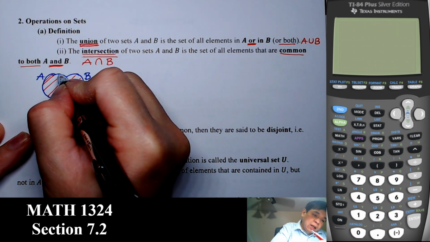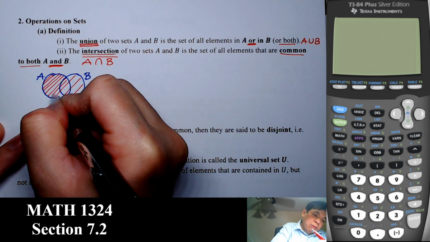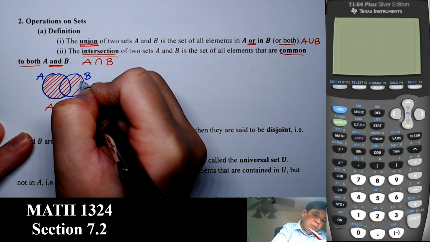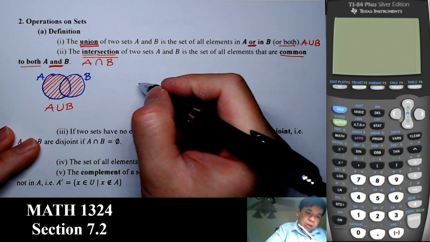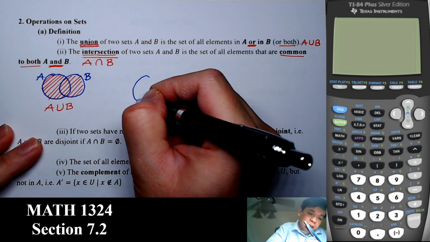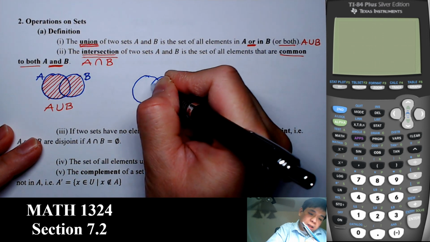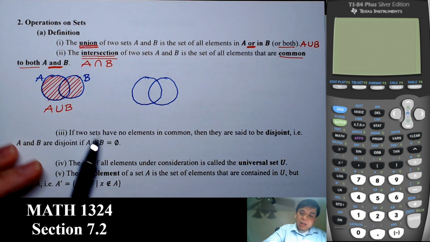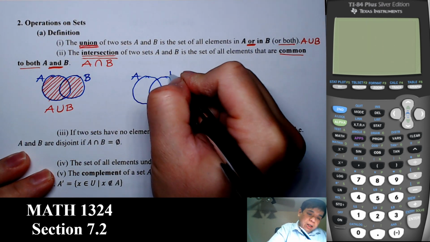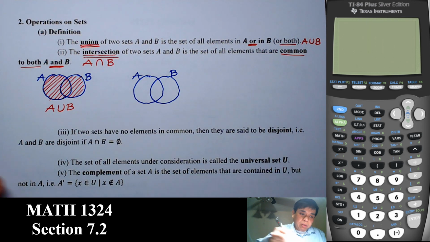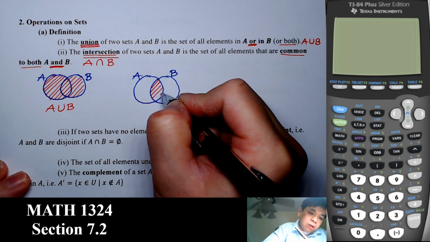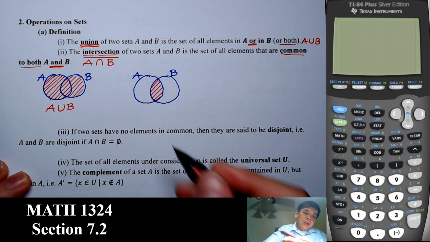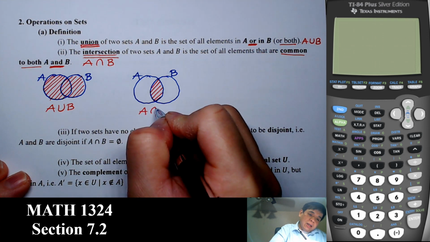It could be in A, it could be in B, and could be in both. So that is union. Intersection of A and B is the part that is common to both. So that is the intersection of A and B.